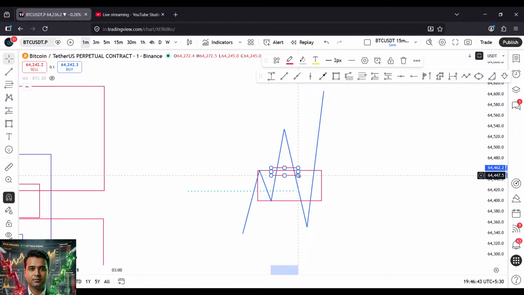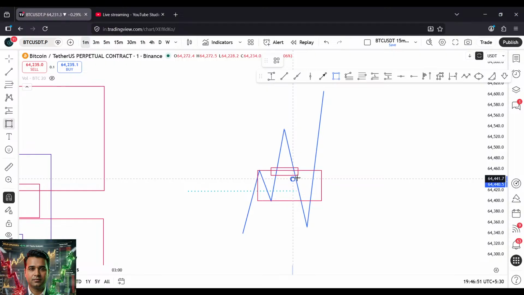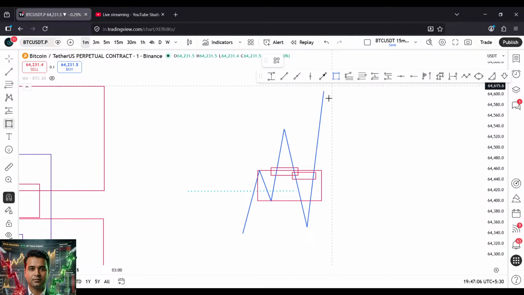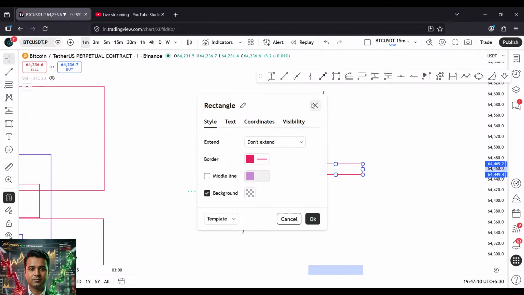Then again price comes down and will cross this zone, this swap button. So again here will be important. Then price will go up and cross this zone again. So that will be another swap.